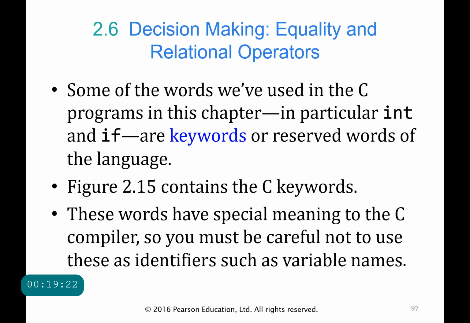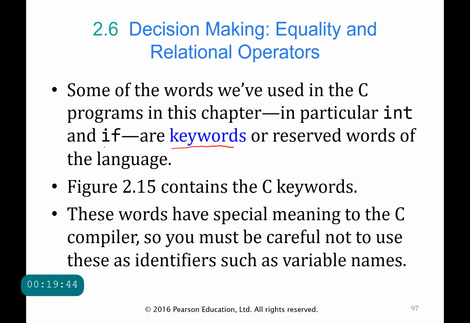And then finally, one thing that you want to remember is in this chapter, you have seen a lot of words which are used for a specific purpose by C, and they have special meanings. These words are generally known as keywords.